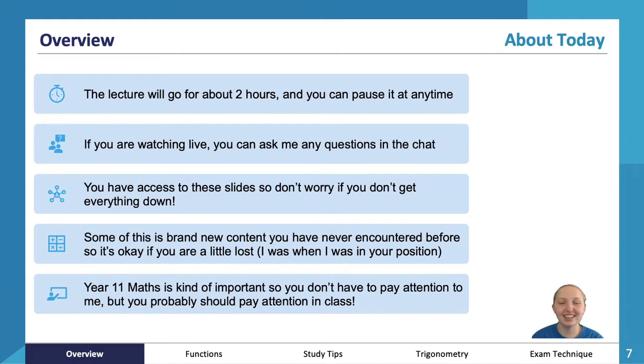Particularly looking at calculus, which we won't be looking at in today's video, but when you do get to it in class, your calculus stuff, your function stuff, and your trig stuff, all super important for year 12. Because if you don't know the year 11 stuff, the year 12 stuff is going to be even harder. So I would say year 11 maths is important, so make sure you're paying attention this year and you get it down as well.